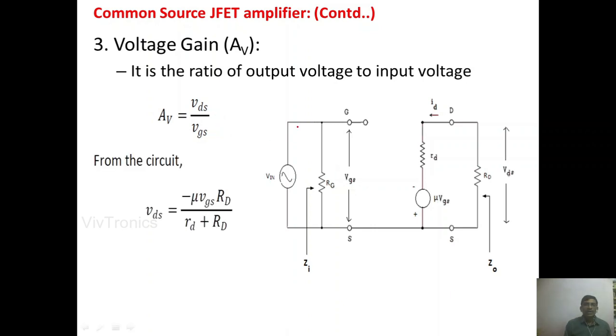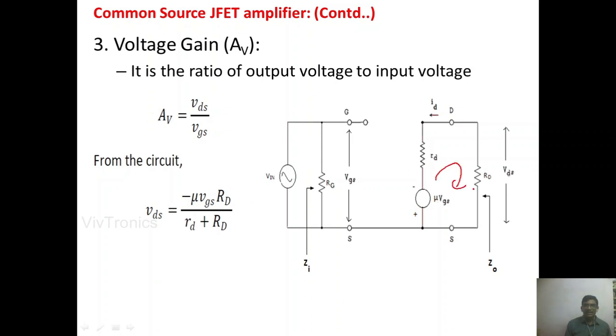So here the VDS, the drain to source voltage, is given as the applied voltage times the resistance across which we measure, divided by the total resistance. Here this is a negative voltage, that's why we have taken negative, because the direction of the current is opposite here. So minus mu VGS is the voltage applied in this loop.